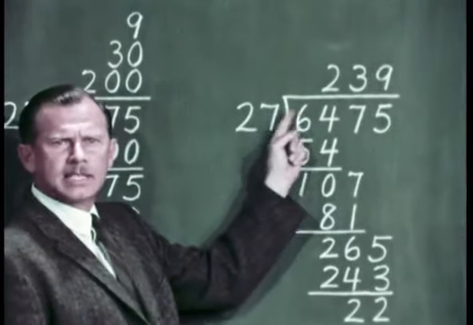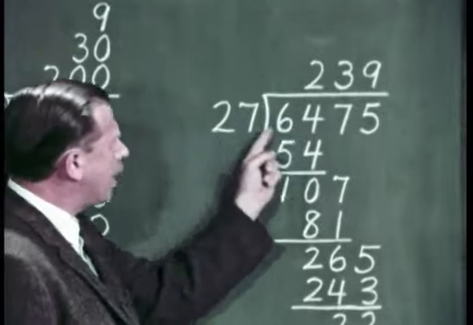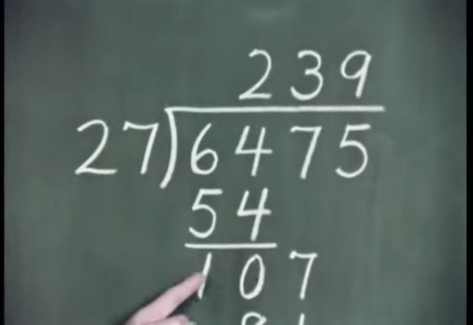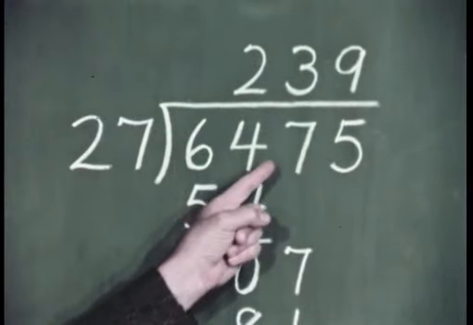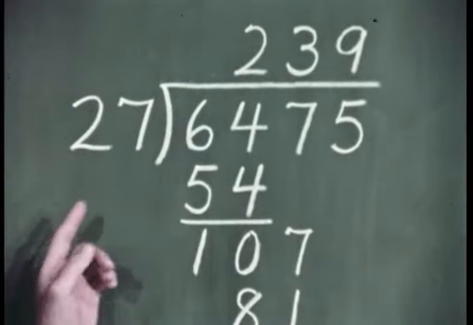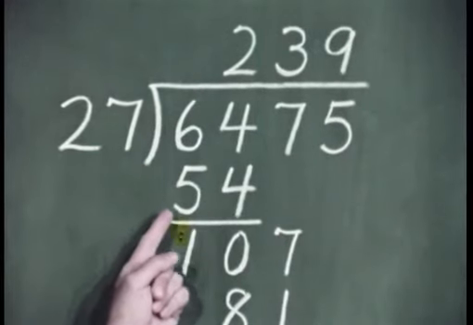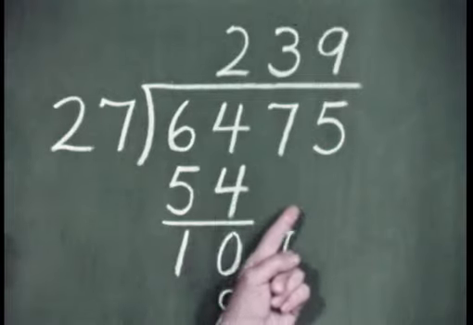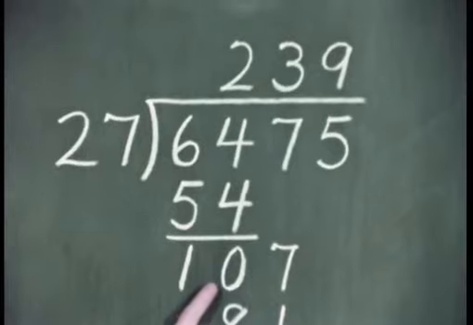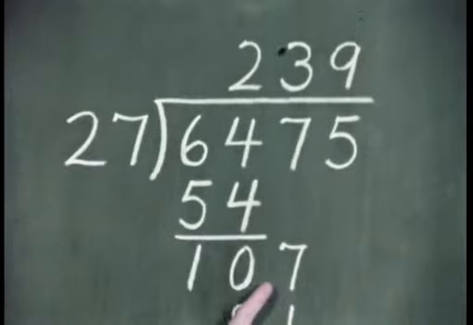And this is the beginning of a cycle which many children memorize and then go through mechanically. Divide, multiply, subtract, compare, bring down. They can go through this routine without being aware that here the digit 2 means 200, or that the 54 here represents 5,400, that the 10 means 1,000, and that the digit 7 that is brought down stands for 7 tens.